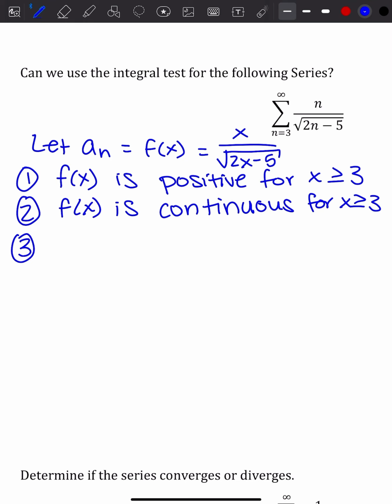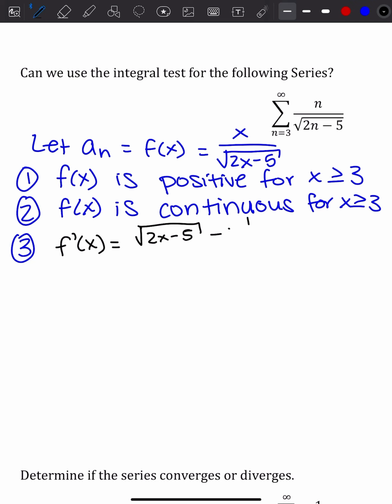And then our last part, just double checking the derivative. So we have f prime of x equals u prime times v, so we have the square root of 2x minus 5, minus the derivative of the square root, so something to the 1/2 power.